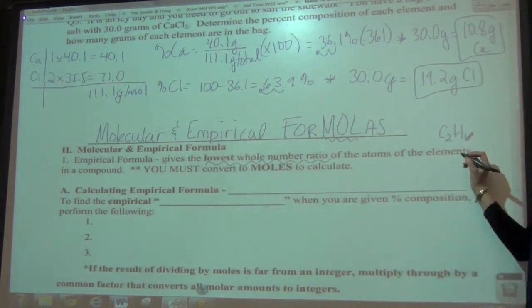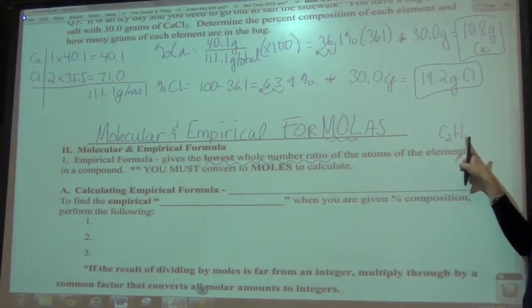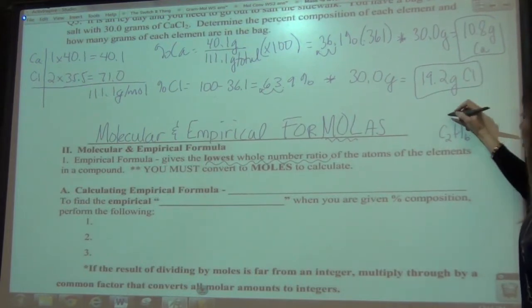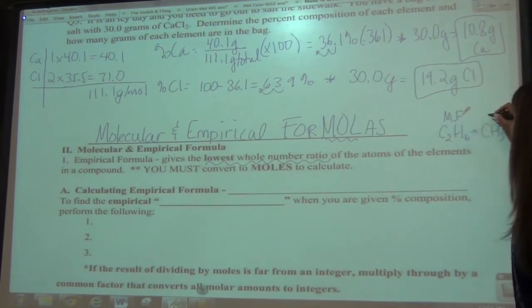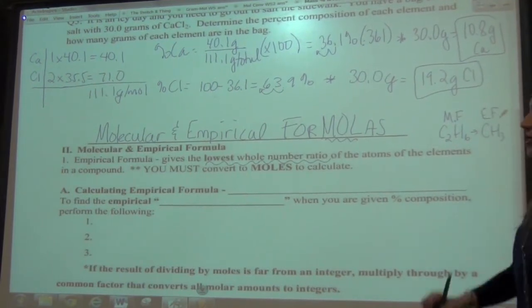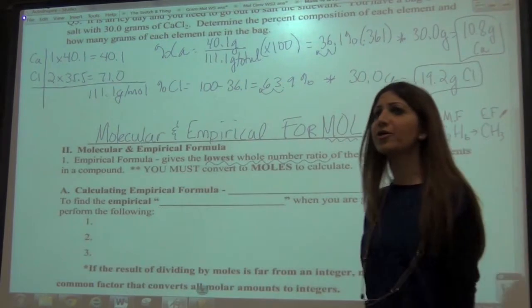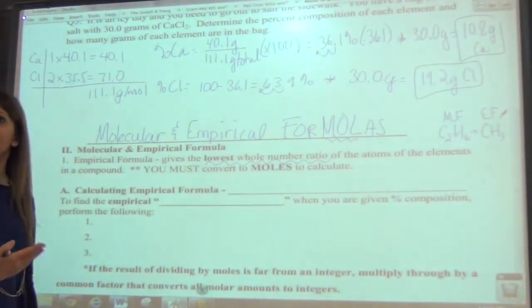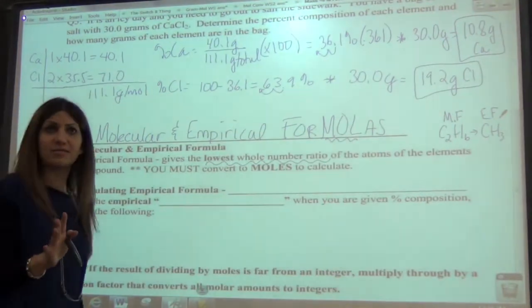No. What can you do to reduce it? You can divide both of them by what number? 2. And when you do that, what do you get? CH3. This would be called the molecular formula, and this would be called the empirical formula. Okay? So the empirical formula is simply the reduced ratio of the elements in a compound. That's all it is. All right?